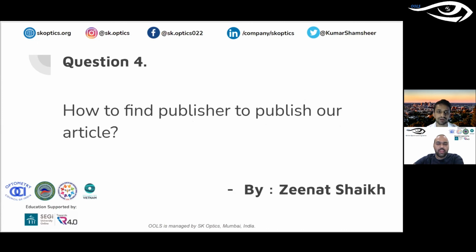So to find a publisher to publish your article, you need to see where your citations are most coming from. So if you have 10 citations or 50 citations, look at your citations and see if they are mostly from one particular journal, or where is the most number of citations coming from. If you have 5 from one out of 50, then aim for those journals primarily, because your work aligns with those ideas.